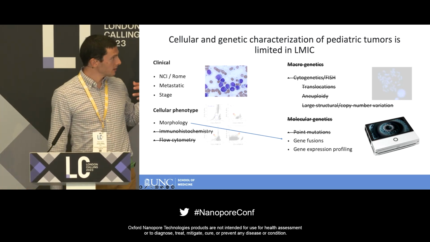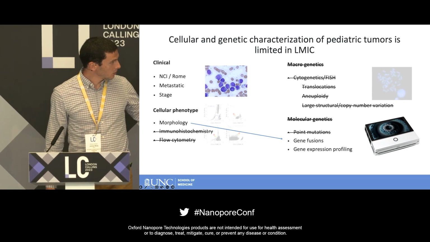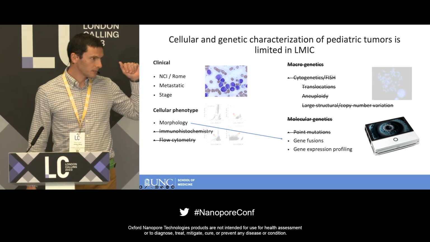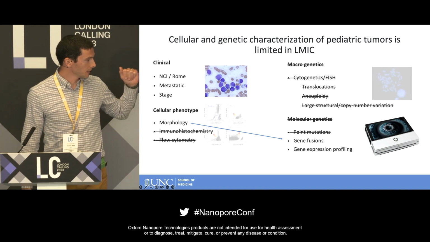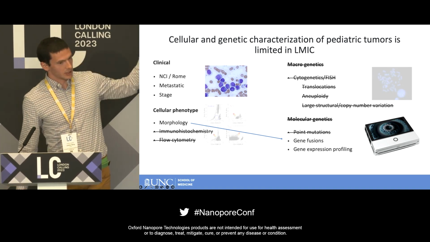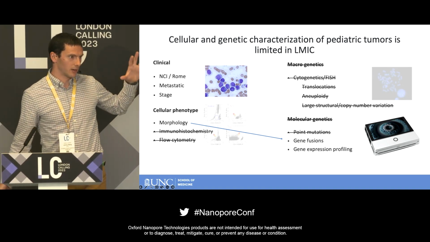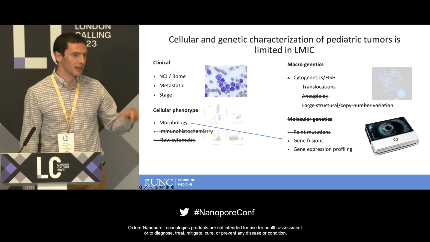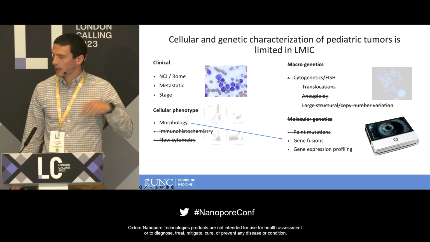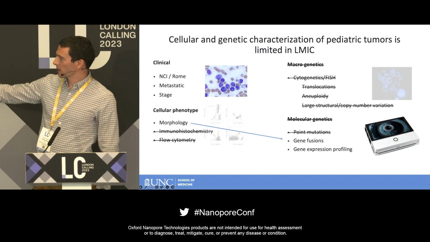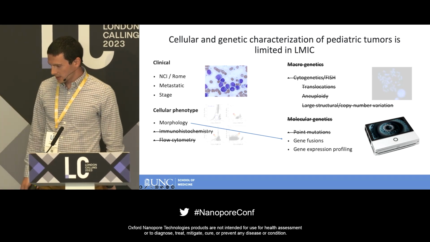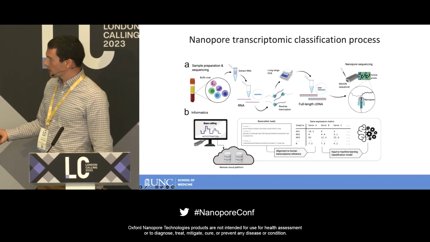And so our question was, can we use a tool like Nanopore sequencing with a very low capital cost to essentially leapfrog these technologies, all the equipment and expertise that's necessary that's not available in low resource settings, and essentially recapitulate as much of that as possible using molecular genetics and sequencing.